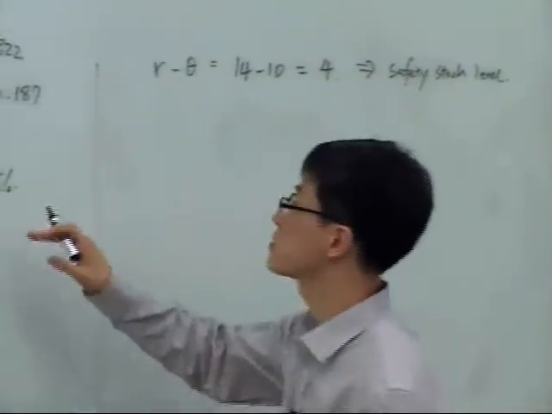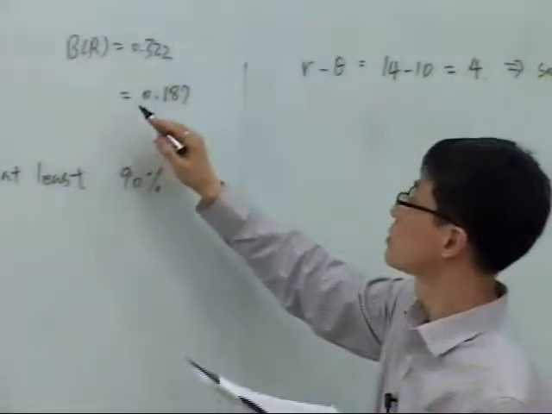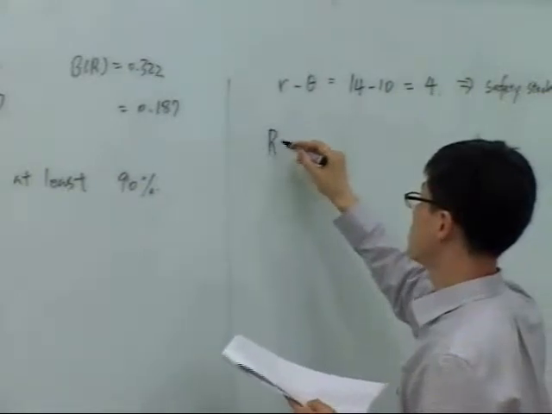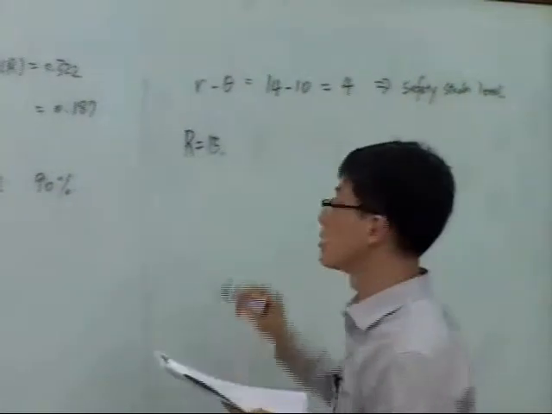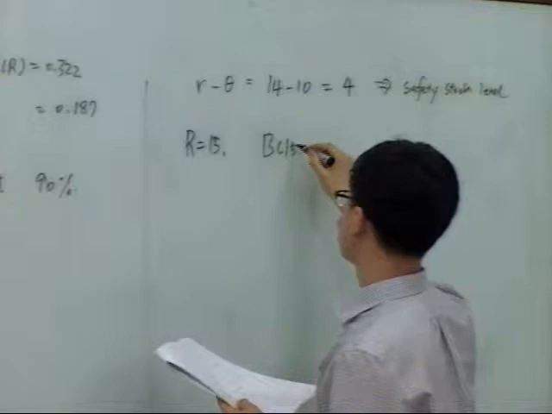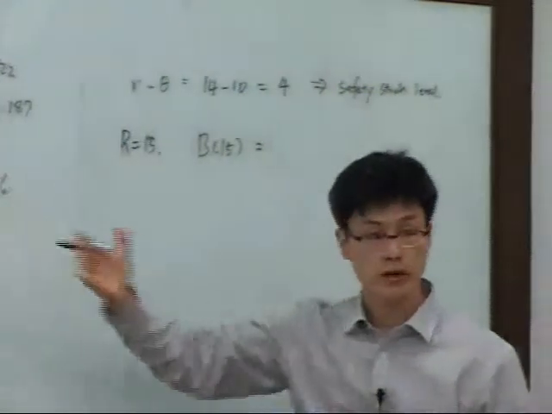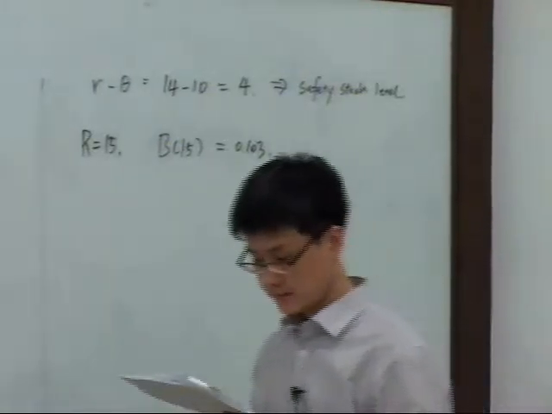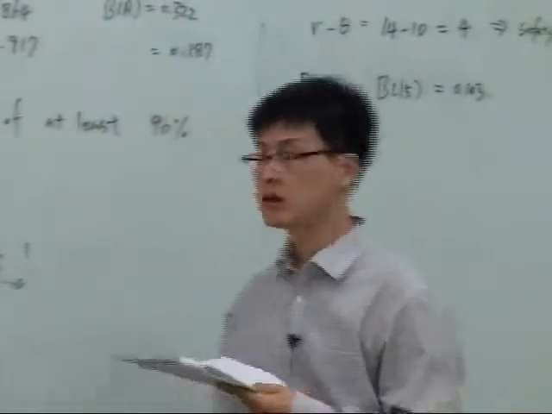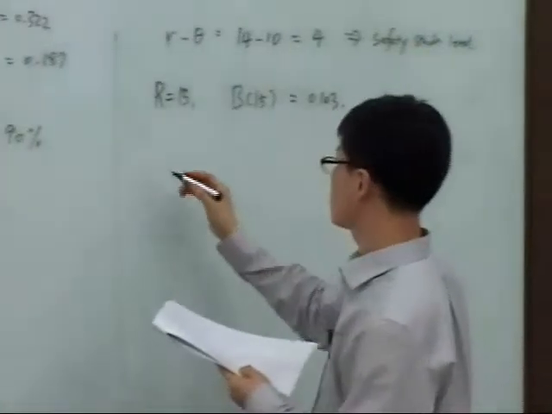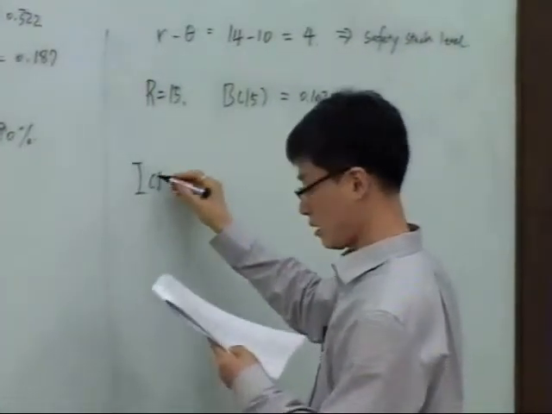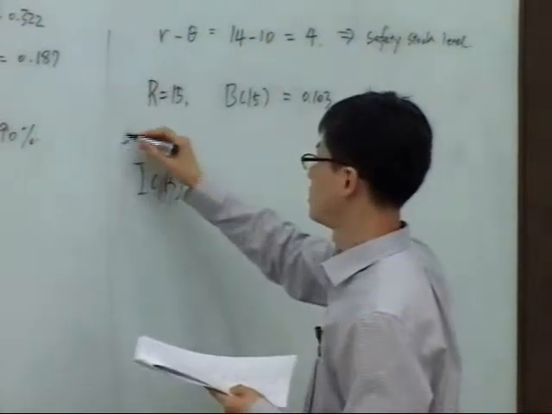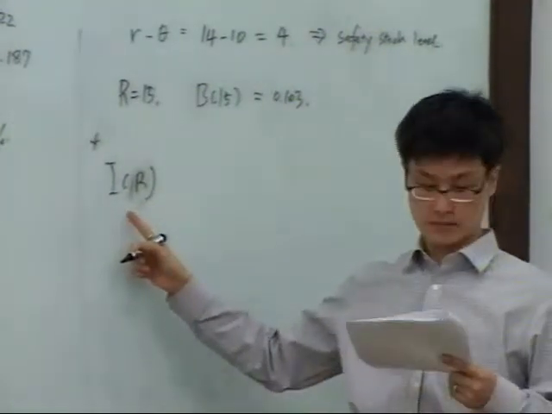And also, based on this, since R is equal to 15, P15, if we calculate it, is going to be 0.103. Utilizing this value, we can calculate IR. What is IR?